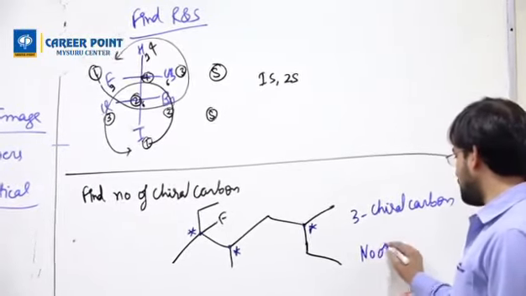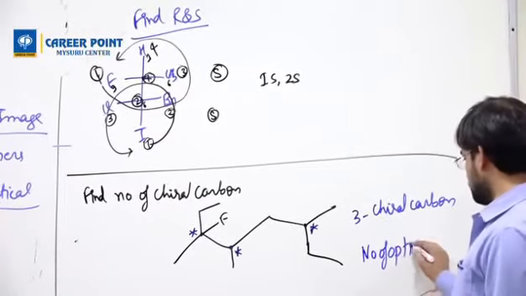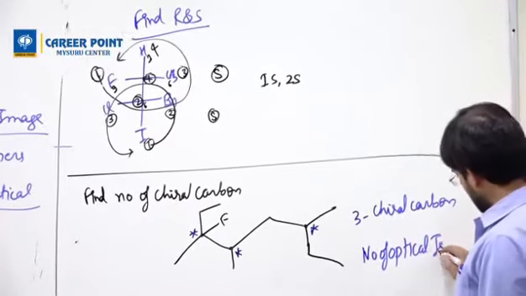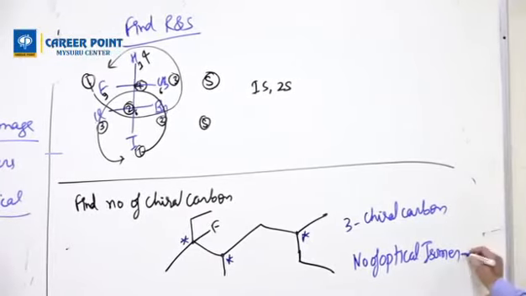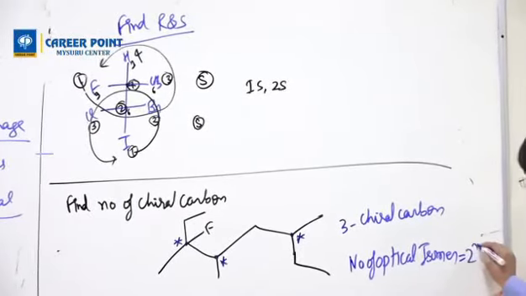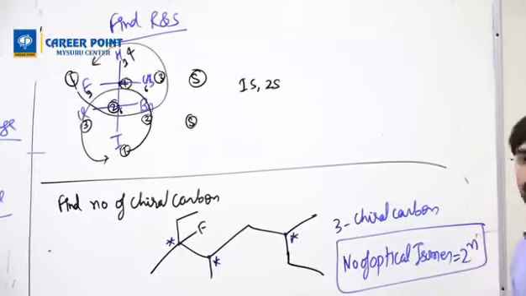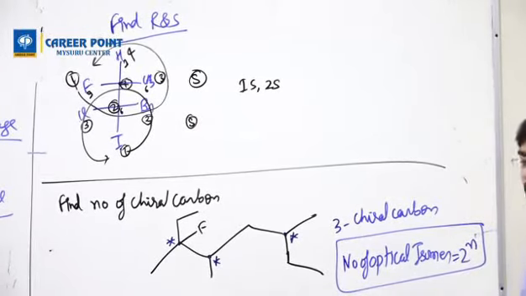the number of optical isomers. The formula is 2 power n, where n is the number of chiral carbons. So 2 power 3.